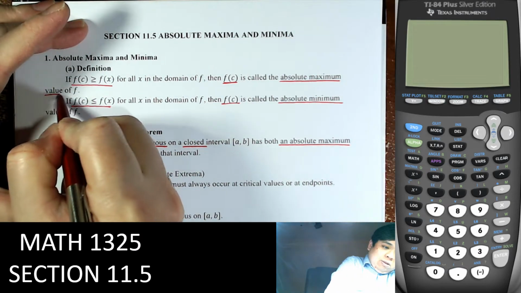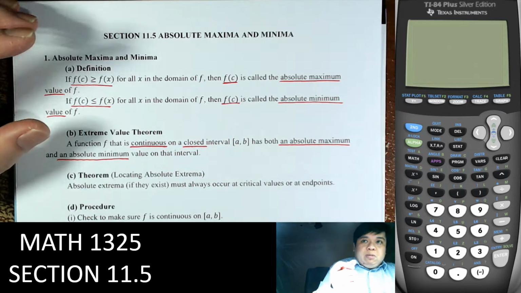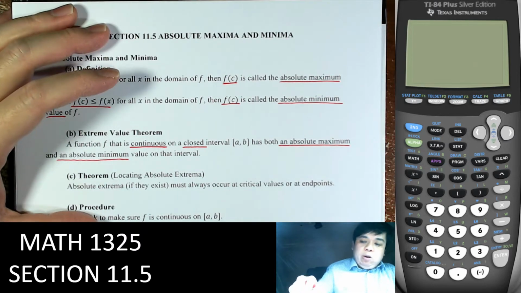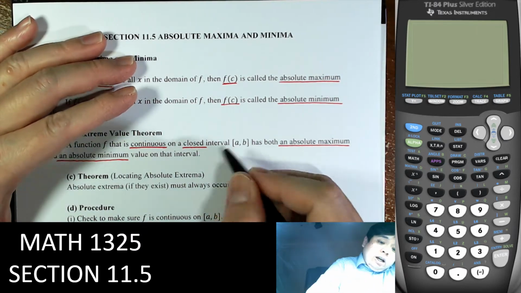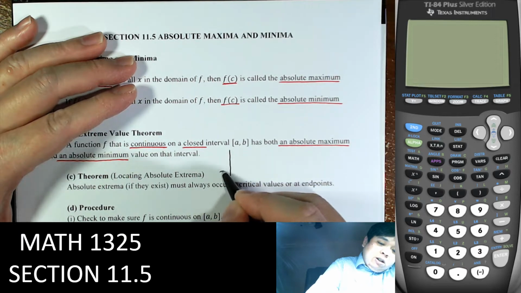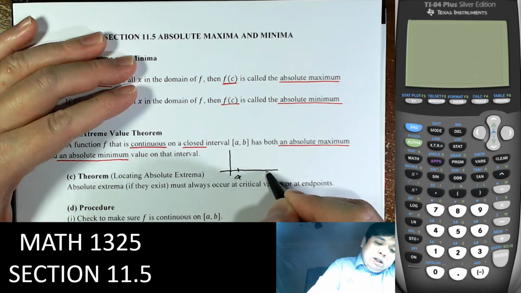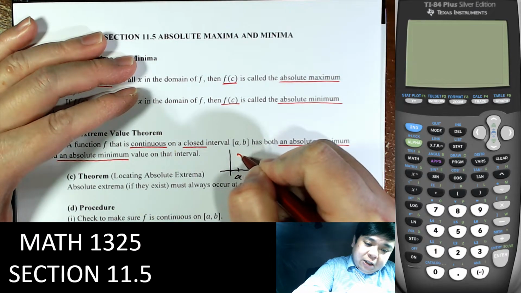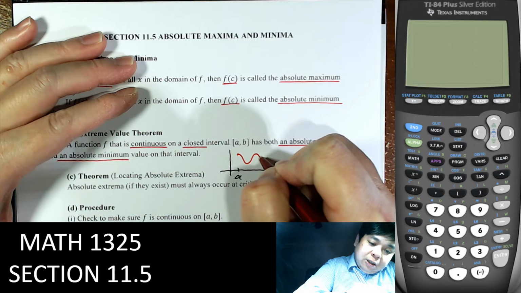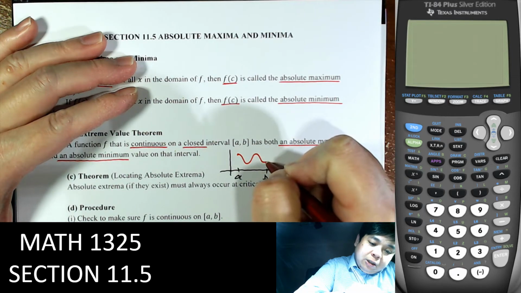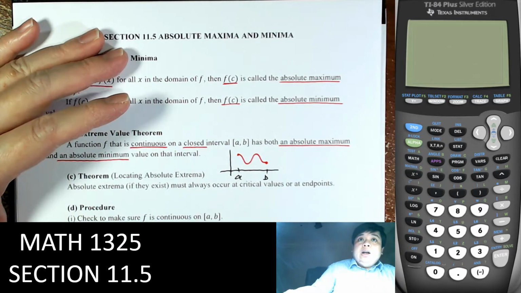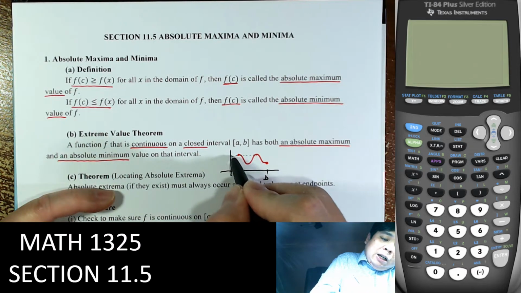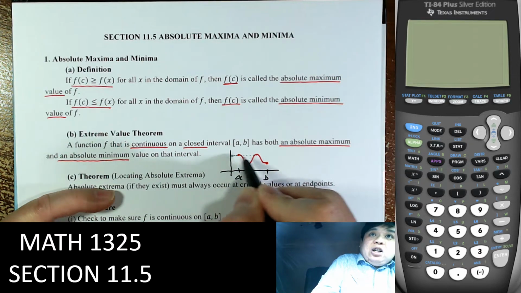You might ask why we have only one absolute maximum and one absolute minimum. Well, the reason we define it this way is, say we have a function from A to B. It goes like this, and they have the same highest y value, right?